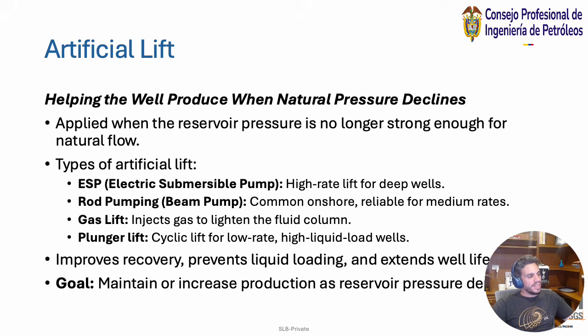You have the gas lift, which is where you inject gas to lighten the fluid column, right? So you're kind of manipulating the fluid nature for it to rise more, because you're reducing its density. You have the plunger lifts, so it's like a cyclic lift for low rate.